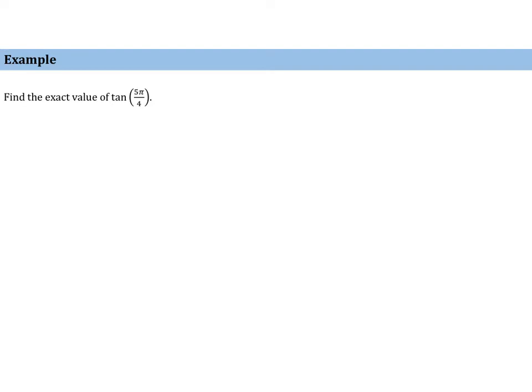Let's look at tangent of 5 pi over 4. So strip 5 pi over 4 of the pi just to look at the fractional form, and this is 1 1/4. So as we sketch it, we have 1 pi, then we have 1/4 of a pi, which is not a half. So we have a third quadrant angle.